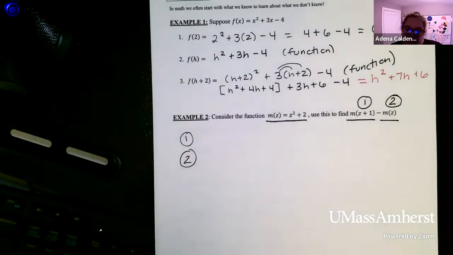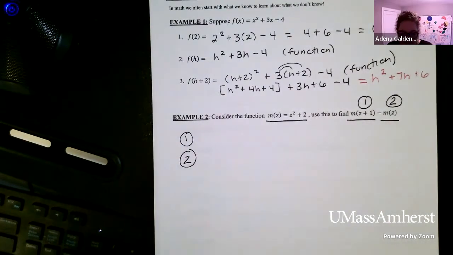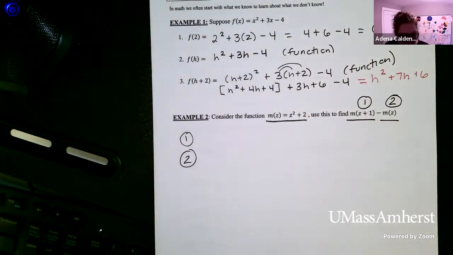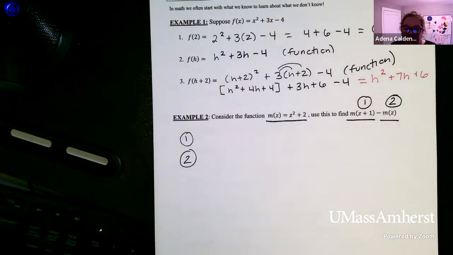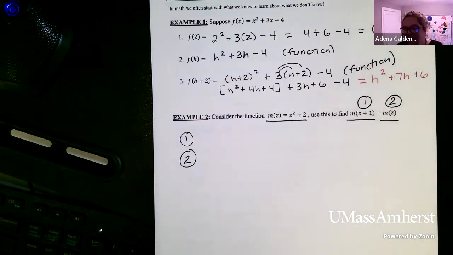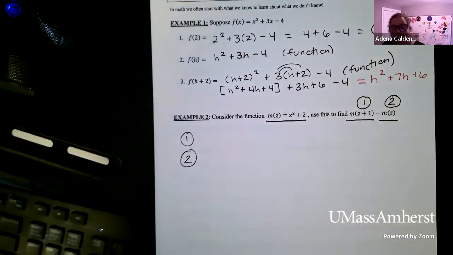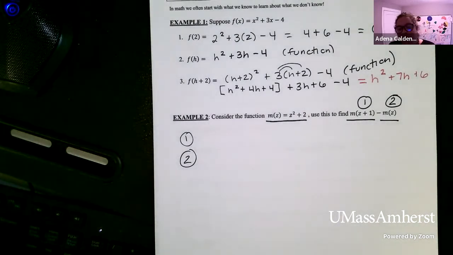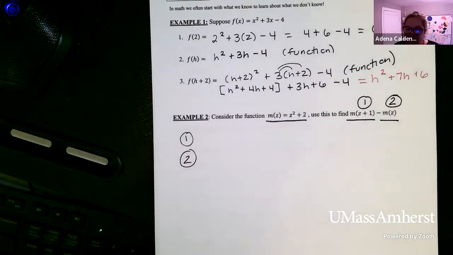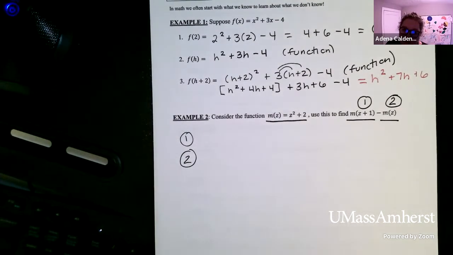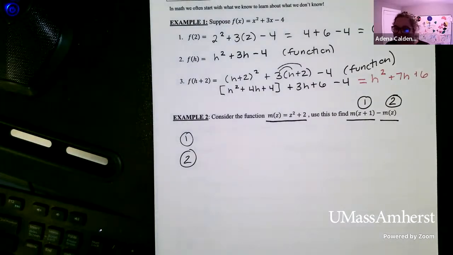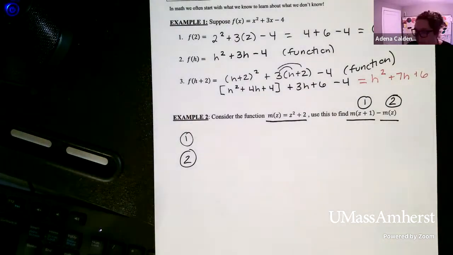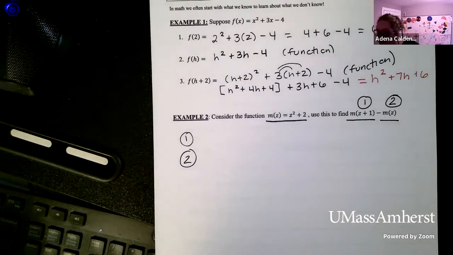Once you've found these two functions, you can subtract them. Okay, so take another 2 minutes. Anything that is algebraically unclear, you're going to want to simplify so you can figure out how to combine like terms. We're expecting a function as our final answer, and we expect that function to have z's in it because we're dealing with the variable z here. So take 2 minutes and then we'll go through it together.